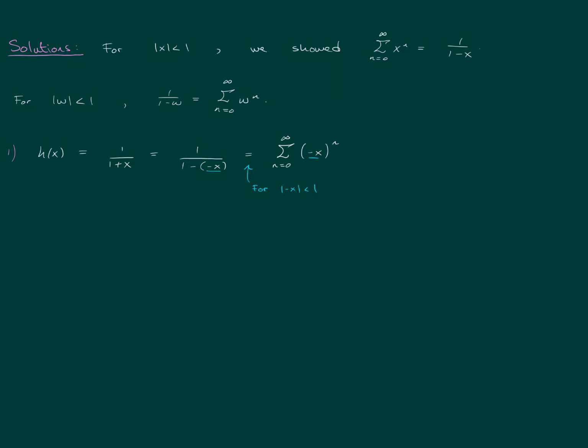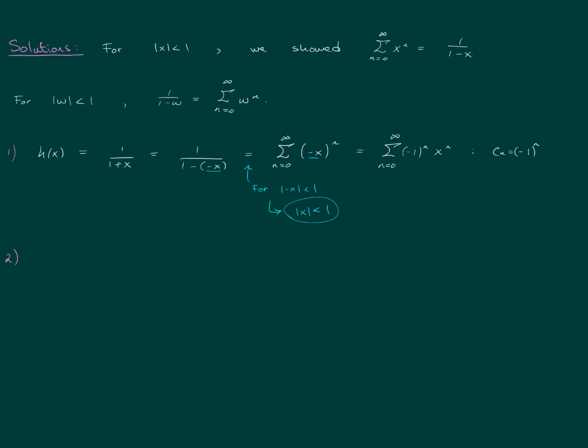Otherwise, this equality makes no sense at all. This is equal to, take out the minus 1, write minus x as minus 1 times x, and we get this. And clearly here, our c_n's are minus 1 to the n. Now, minus x, absolute value of it less than 1, is the same as absolute value of x less than 1, because absolute value doesn't care about sign.